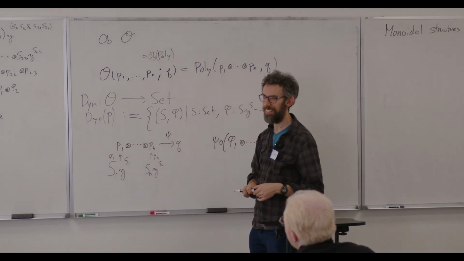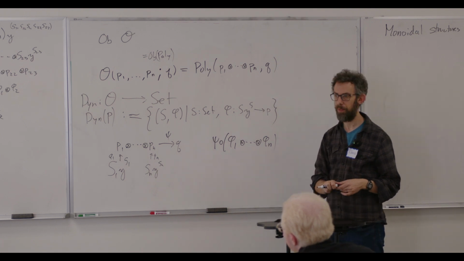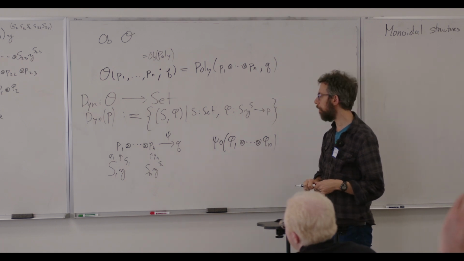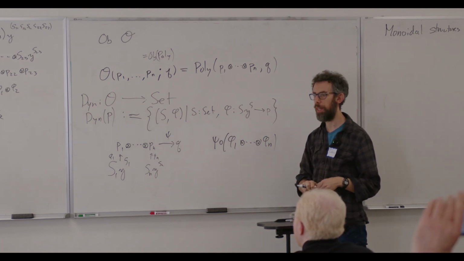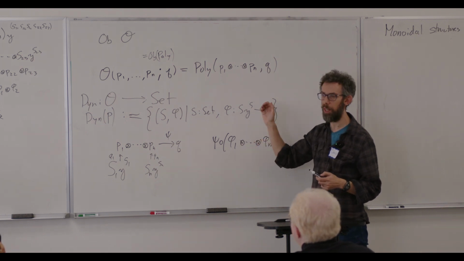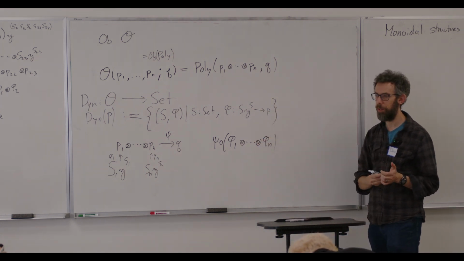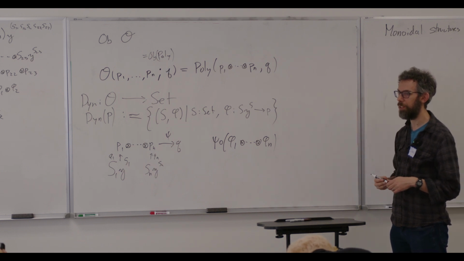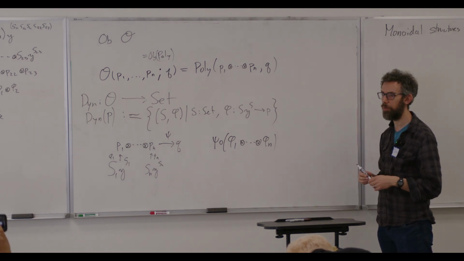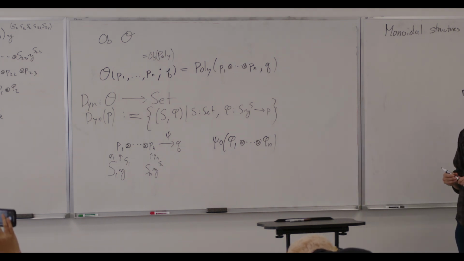Oh, I see. So p is an object. I'm happy to go over this in question time, but I'm not focusing on this much, since we're not really focusing on operads themselves.